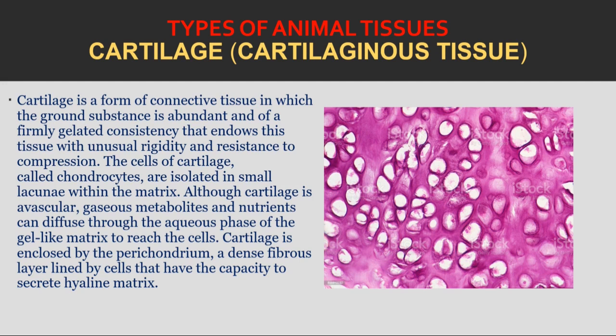So this is the basic concept of the cartilage, and this is the structure of the cartilage shown in the slide in front of you. Hope you have understood what cartilage or cartilaginous tissue is in animal tissue. So let's move to the next type of animal tissue.